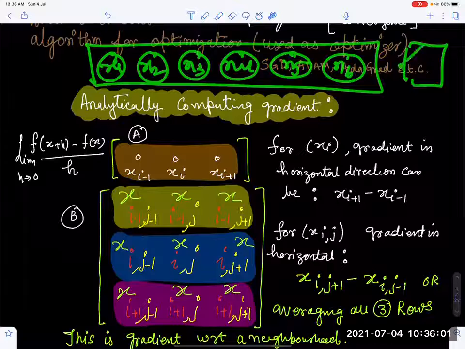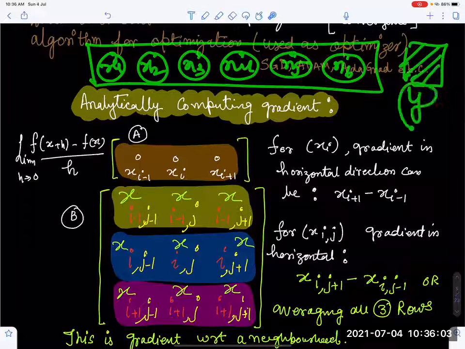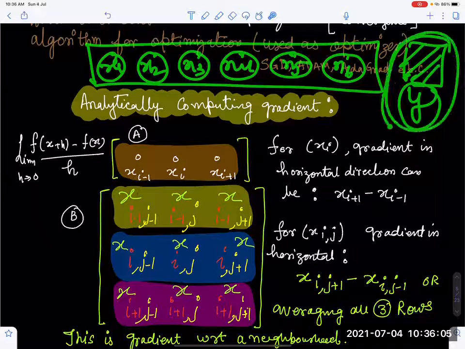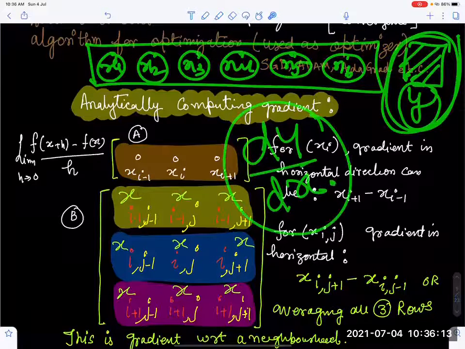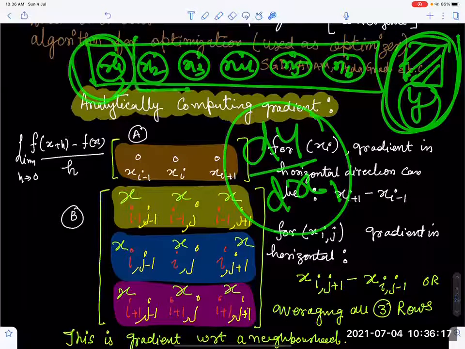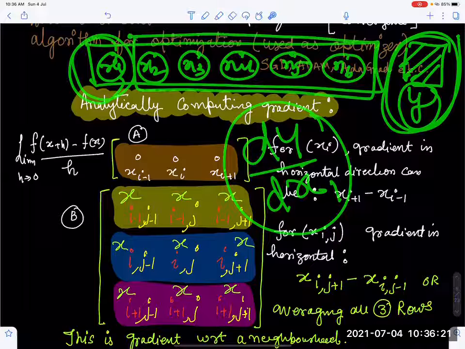And here is your output: whether your machine is working or not, started to spin or whatever. Clear? Now you want to find dy by dx. If you want to find dy by dx1, you only change this, keeping all the others constant. That is a partial derivative.